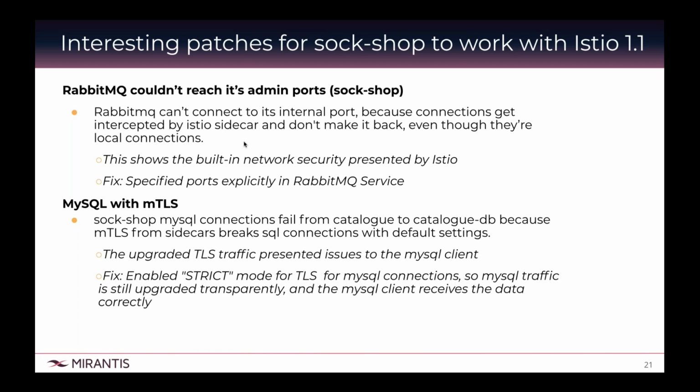We were able to still keep the TLS for the MySQL connection. The typical thing for MySQL connections is you have TLS problems. You either configure MySQL correctly to have TLS, or you just disable TLS. In this case, we were able to keep the upgraded TLS traffic and simply use the strict mode on Istio for the MySQL connections.